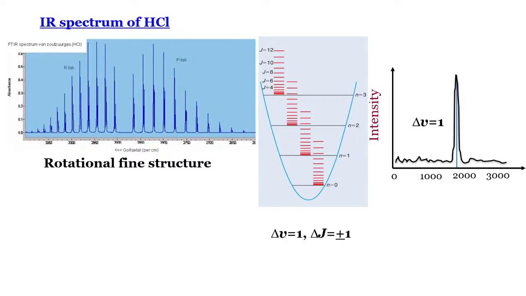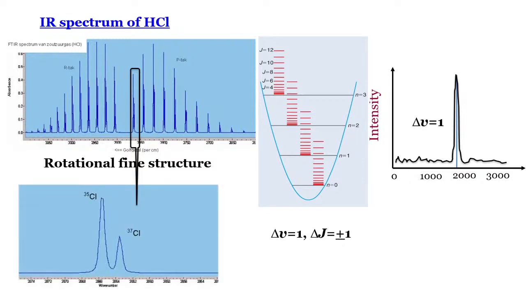This is called the vibrational spectrum, and this fine structure arises due to the involvement of the rotational sublevels. And if you look at any of these lines, it is actually made up of two lines, because we are talking about HCl here. As we know, chlorine is present in two different isotopes, chlorine 35 and chlorine 37. So these two lines are characteristic of the two isotopes.